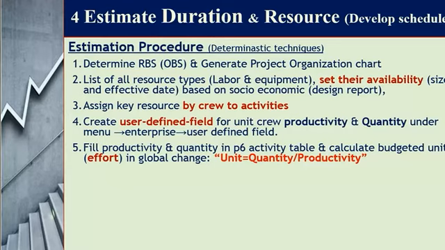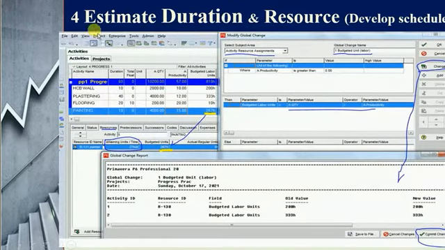Then you need to calculate units or effort using quantity over productivity, using global change in Primavera. Under enterprise, under tools, there is a global change. So when productivity or quantity is greater than 0, then budgeted labor units or effort.